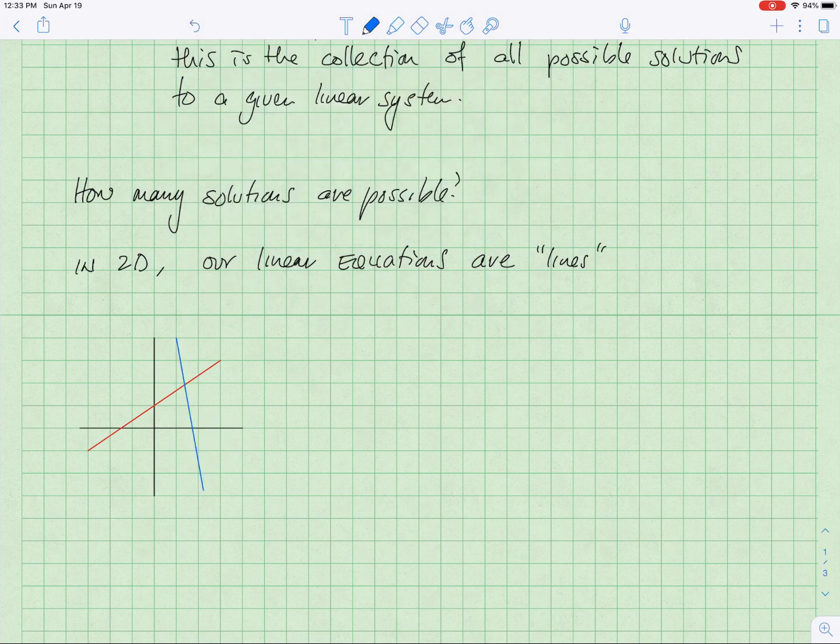Something like that. There we go. Line 1 and line 2. These 2 intersect at a single point. This is x, y, the intersection, or I guess more appropriately, x1, x2, if you want to think about it that way. This system has one solution. So there's only ever going to be one answer for a system like this.